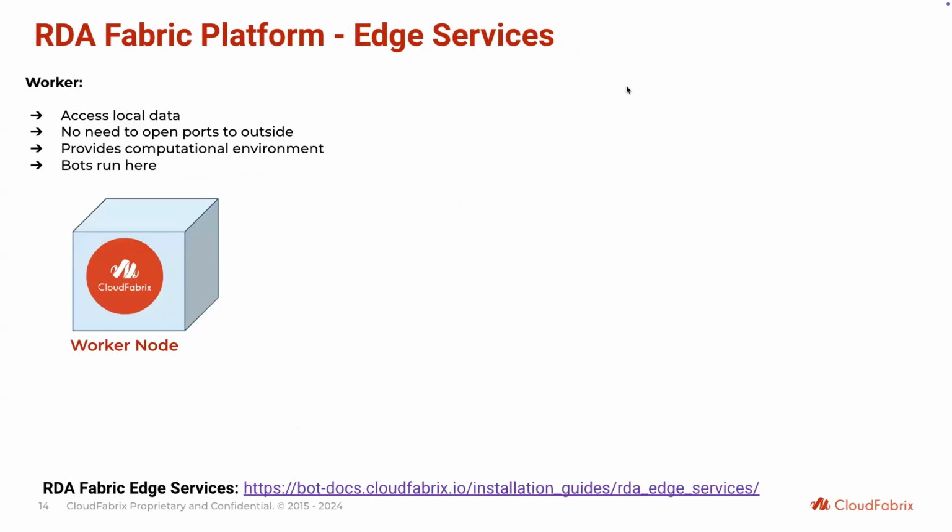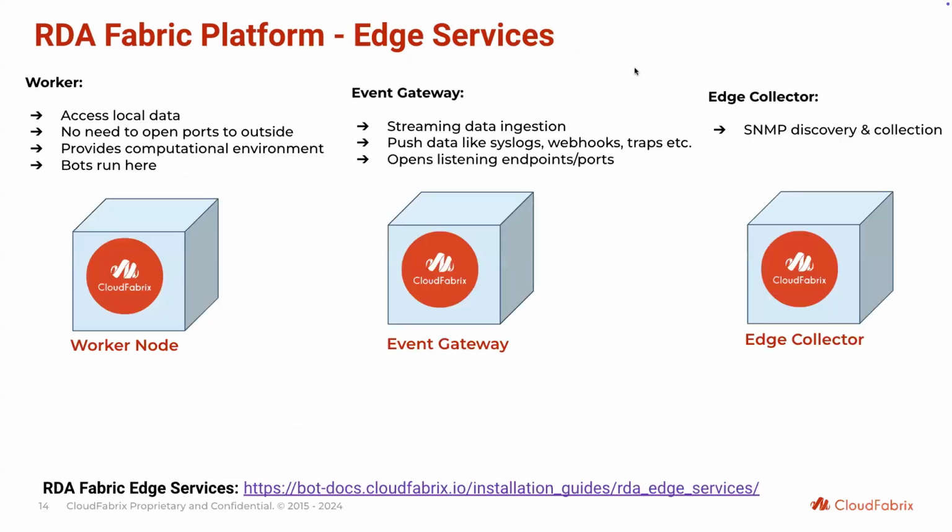Now let's talk about our edge services. So primarily we have three services. One is the worker. We briefly talked about worker. These are stateless services, and they can scale up for the data automation processing, and they can be run in edge locations as well, especially in a restricted environment.